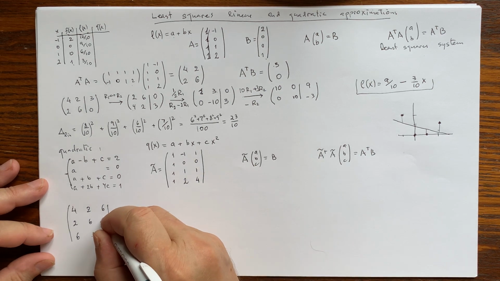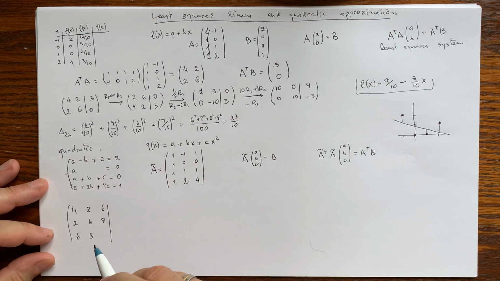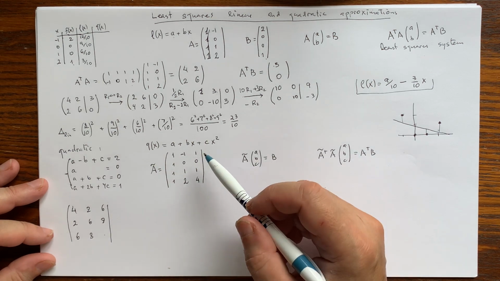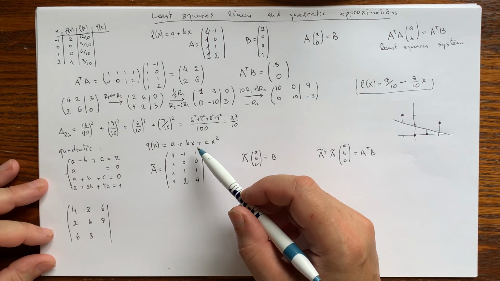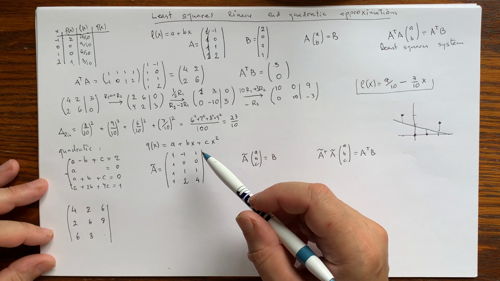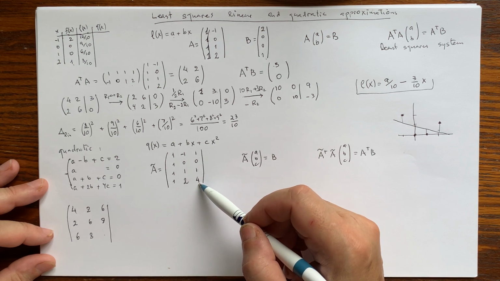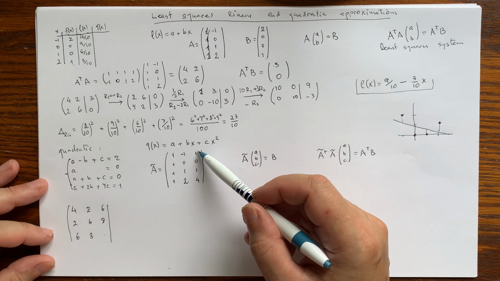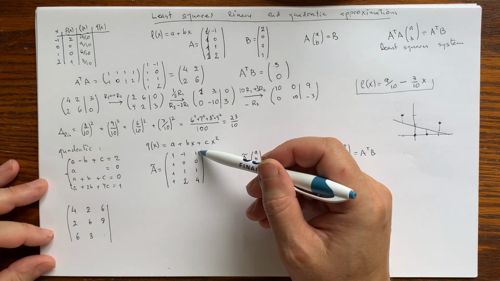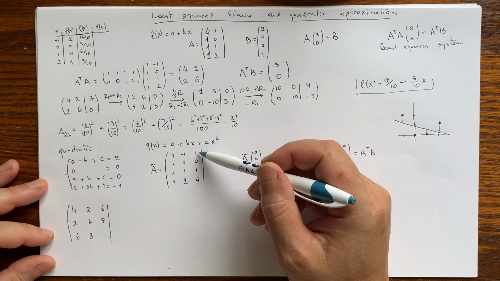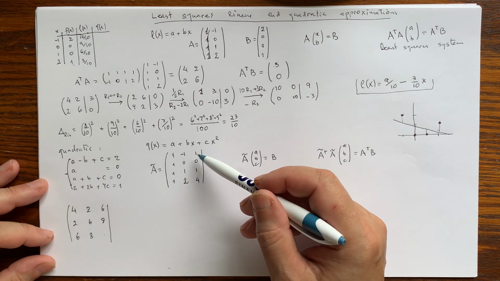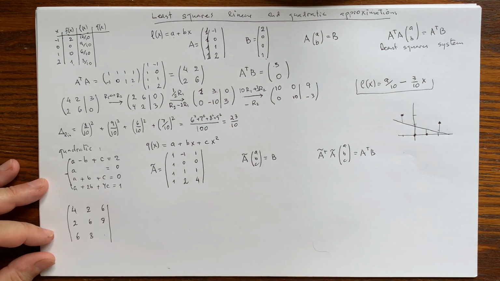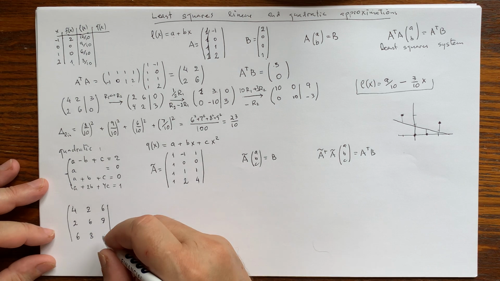So there will be just 8. And finally, in this entry, we'll have the sum of fourth powers of x's. So it will be the scalar square of this column, which will be 1, 1 plus 16, and that is 18.